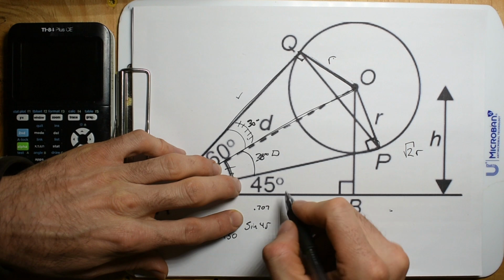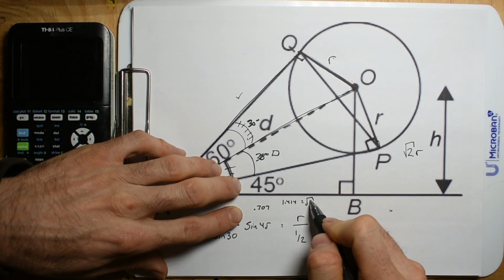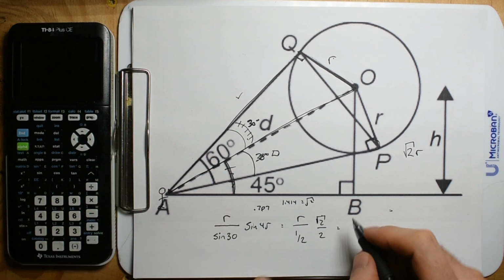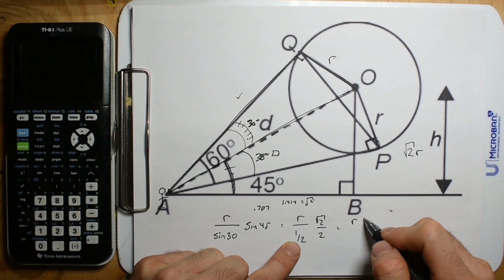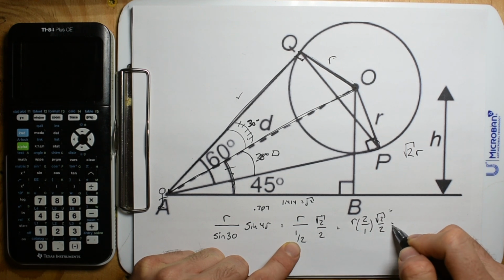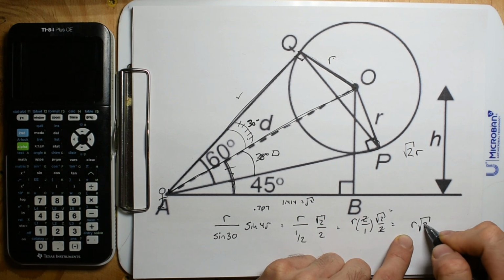Where does that come from? Double it, it's 1.414. Oh, hell yeah, this is square root 2. So this component is square root 2 divided by 2. So we have r dividing by 1/2, which is the same as multiplying by 2 over 1, and then we have square root 2 divided by 2. Sweet, the 2's cancel, and we get r is square root 2.